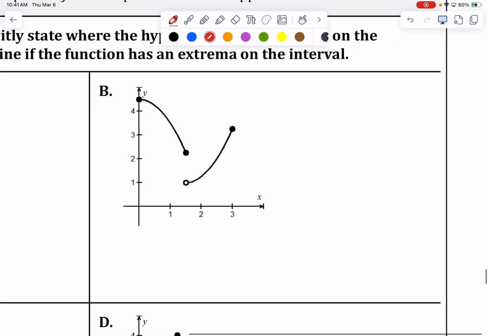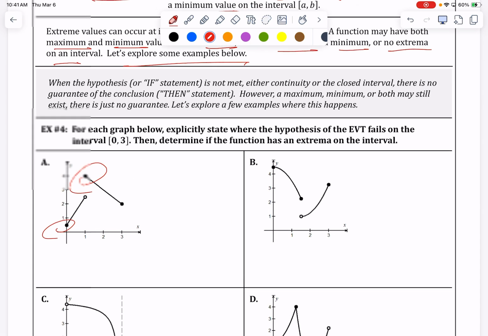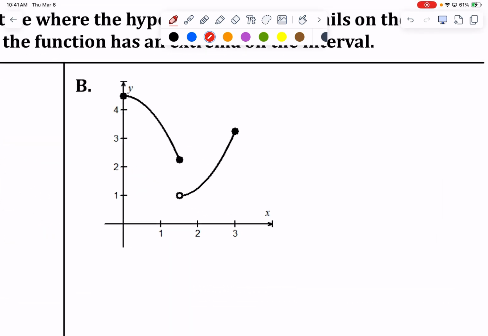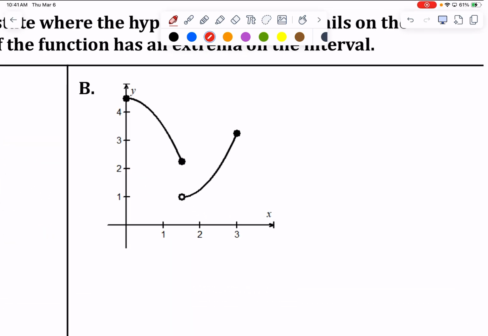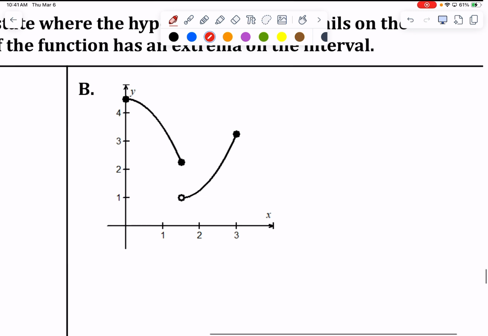Okay? All right, what about this one? It's not closed. Is EVT going to fail? Yes. Why is it going to fail? There's a jump. Because of the jump. See, there's a max, but is there an absolute min? Why not?